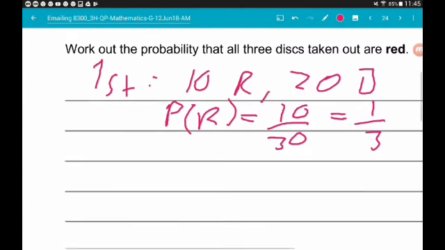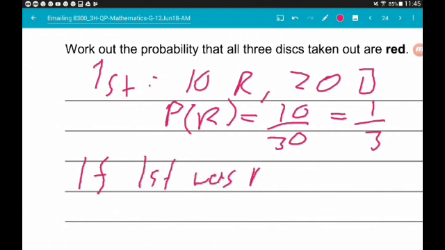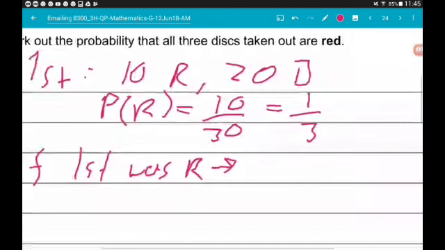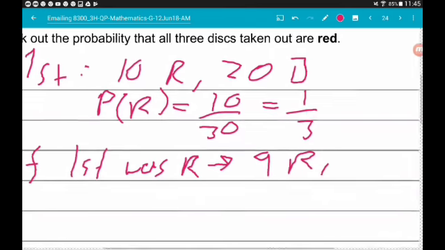Now, if the first selection was red, then, well, if we took out 1 red, that stays out, and we put in 2 more blue. So there's now going to be 9 red, and there's going to be 2 more blue.